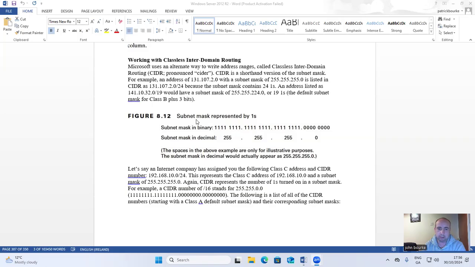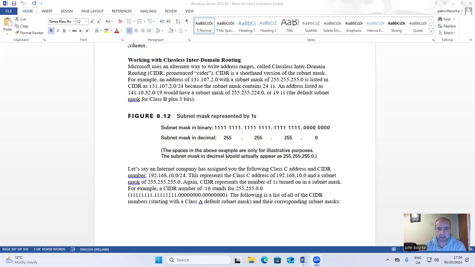Figure 8.12, subnet mask represented by ones. Subnet mask in binary: 11111111 11111111 11111111 00000000. Subnet mask in decimal: 255.255.255.0.